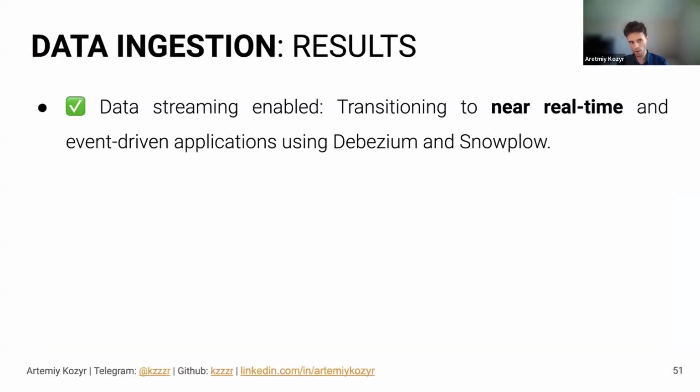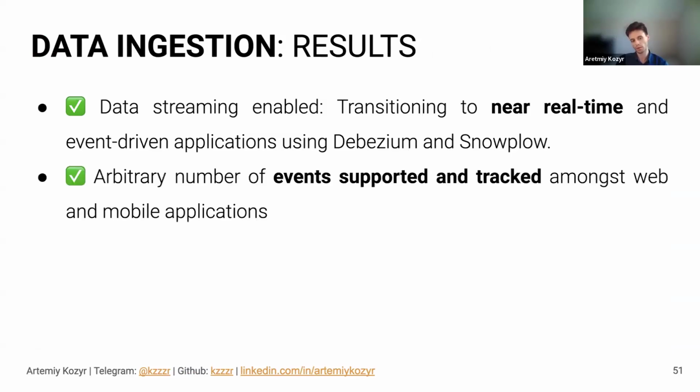Right, let's wrap up this data ingestion section. So we have data streaming enabled, which allows near real-time and event-driven applications with Debezium connectors and Snowplow tracking. Then an arbitrary number of events is supported and tracked amongst web and mobile applications.